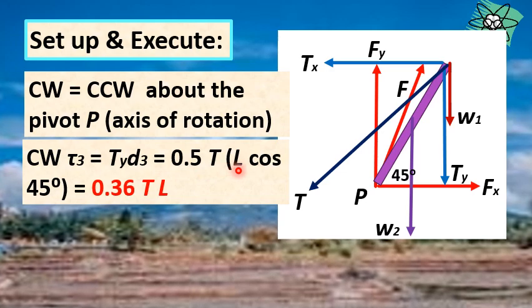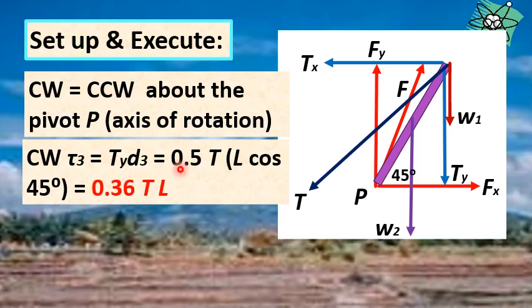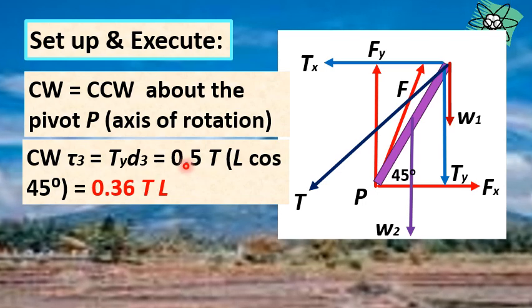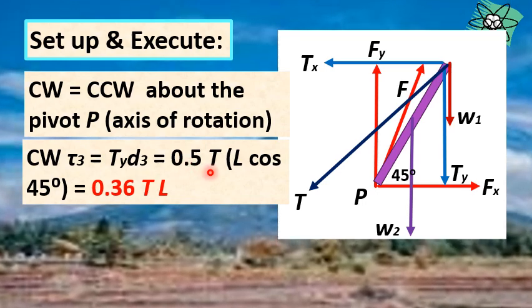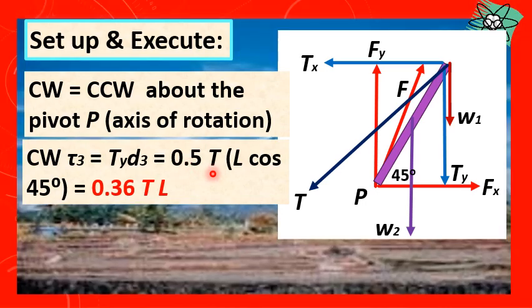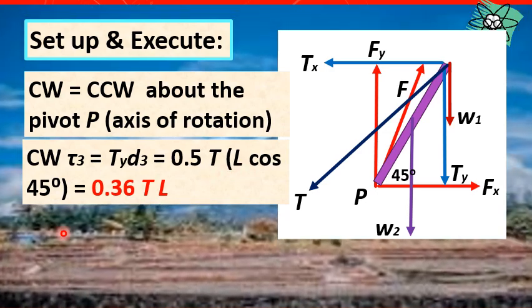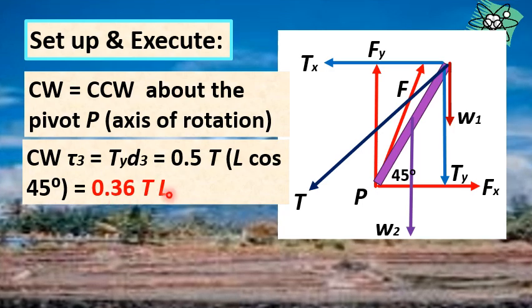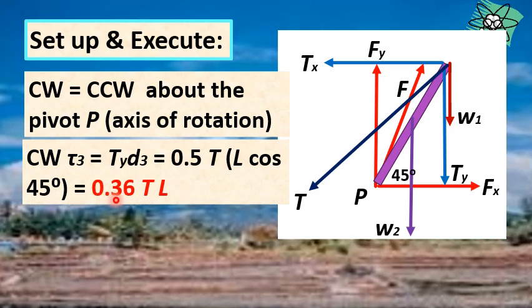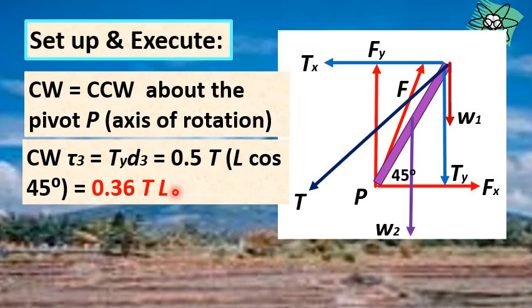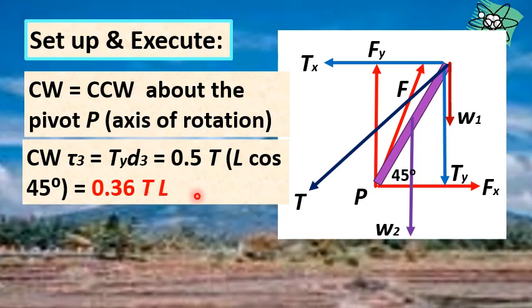So since Ty has already been expressed as 0.5 times the tension force capital T, multiplying it by L cosine 45 degrees, we get torque number 3 equal to 0.36 times the tension T and the length of the strut capital L.